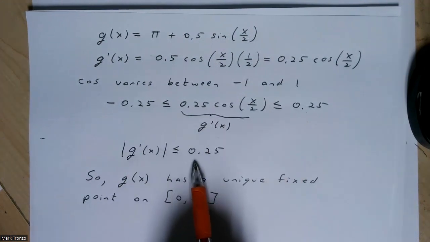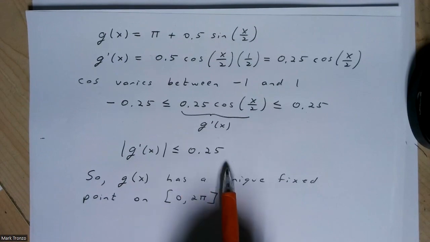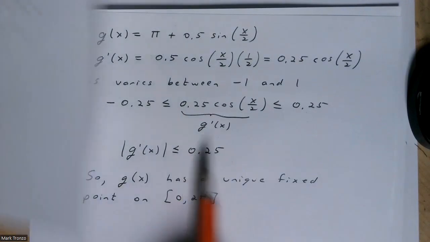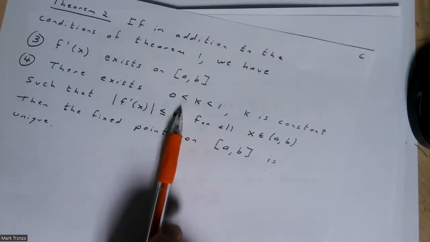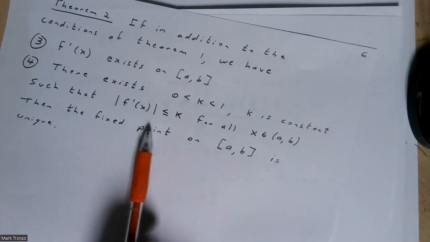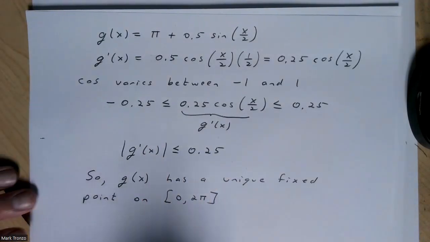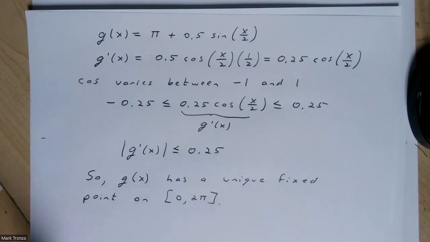At least the absolute value of it is bounded by 0.25. And according to our theorem, since that number is greater than 0 and less than 1, it bounds our derivative. Therefore, we have a fixed point on that interval.